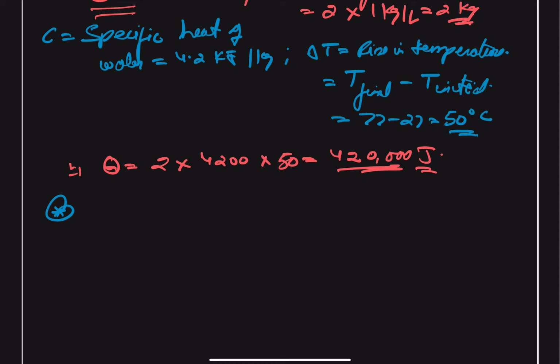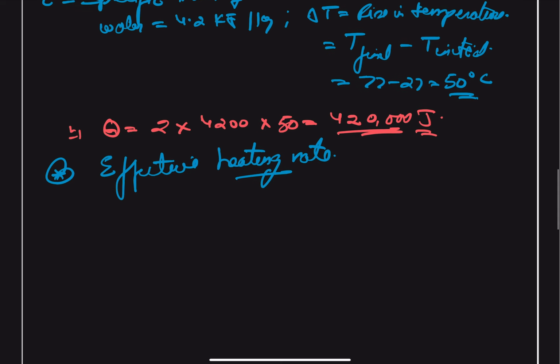So we say effective heating rate. Let us represent it as Q effective, which will be equal to P minus Q that is being lost.